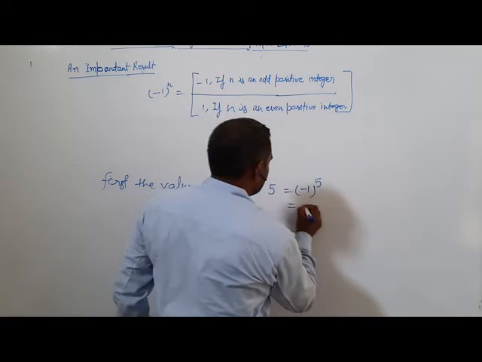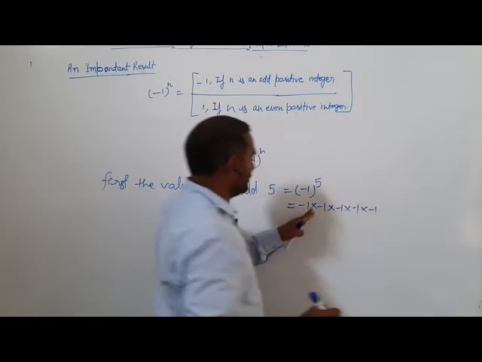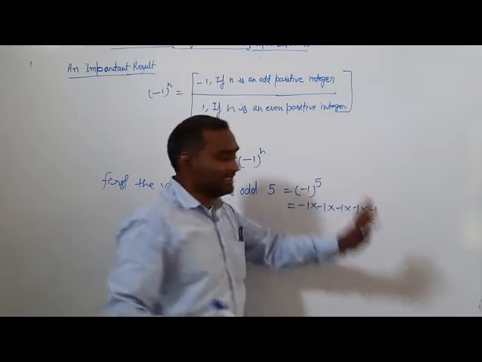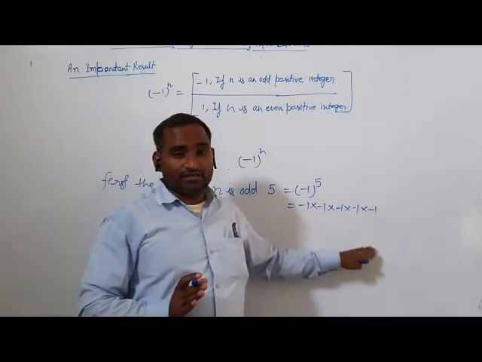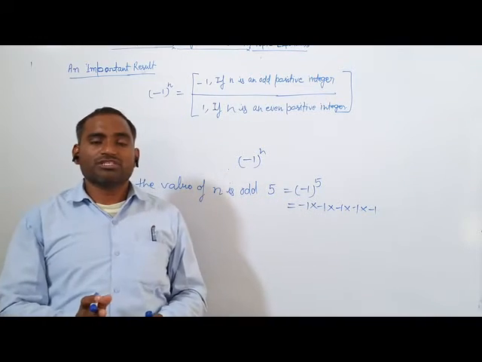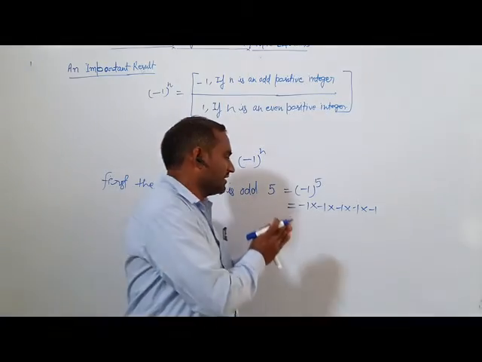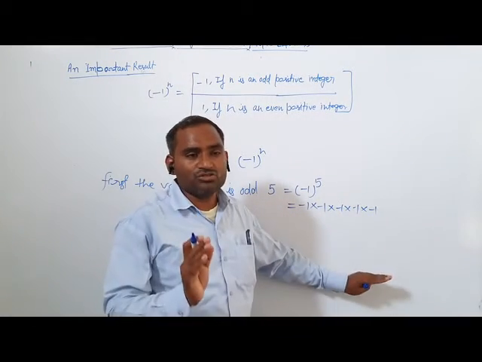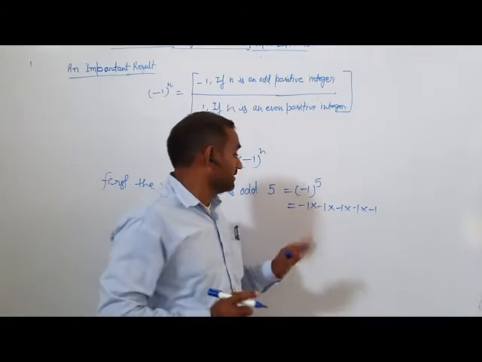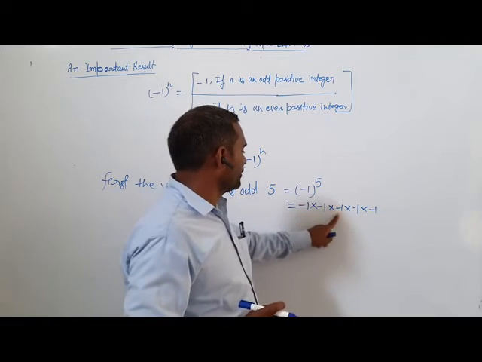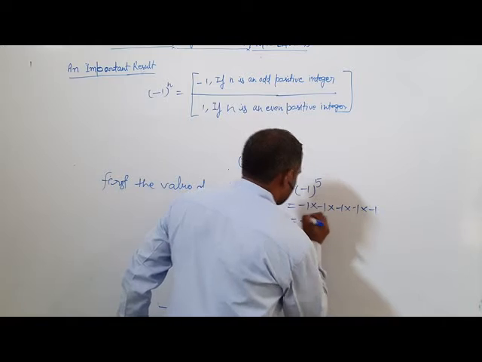Open this: -1 into -1 into -1 into -1 into -1, 1 2 3 4 5. All of you know that if in multiplication the number of negative signs is odd, then the sign of the product will be negative. Here you see 1 2 3 4 5, 5 is odd, so the multiplication will be negative, -1.